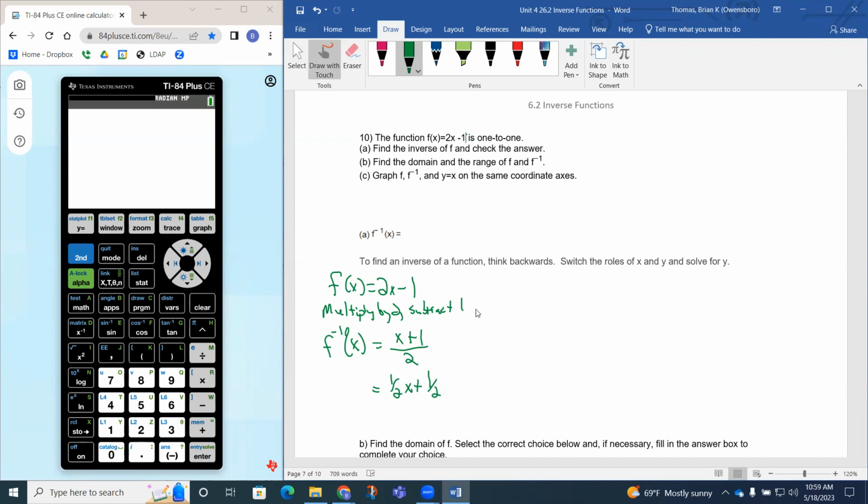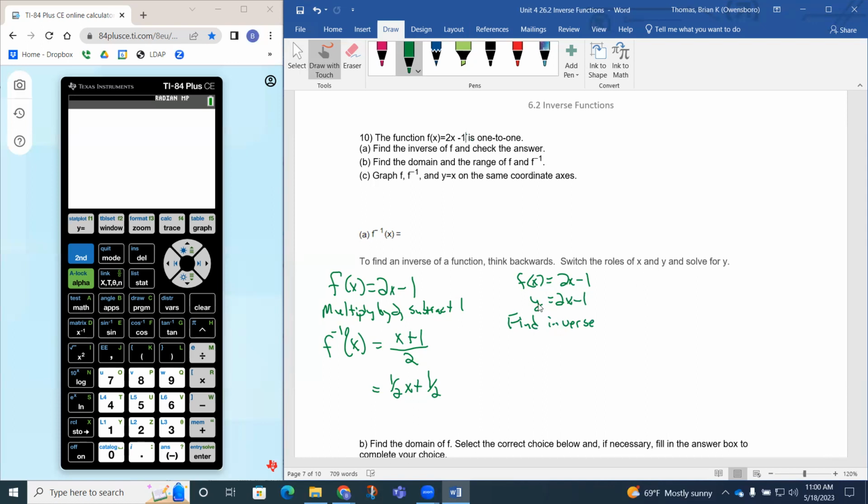So if you can't think backwards, what you can do is write f of x is going to be 2x minus 1. Remember, f of x is the same thing as the y, it's the output. So to find the inverse, you actually have to switch the roles of x and y, and you solve for y.